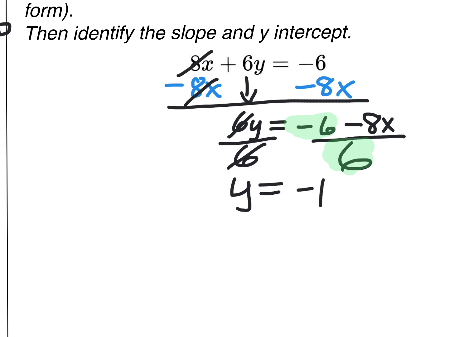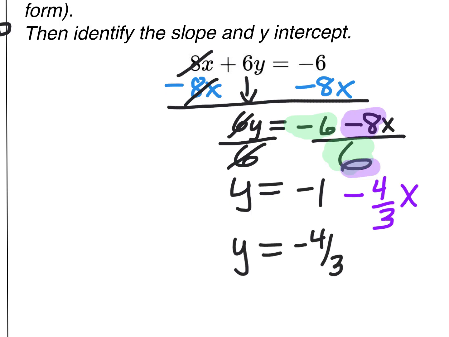And then we're allowed to put this one in the calculator if we want. So -8 divided by +6, if you put it in there, it'll simplify to the fraction -4/3. So since it's a negative, we got to put that minus in front of there and our x. And finally, I like to go ahead and flip them, even though it would have been right to leave it as the other thing too.